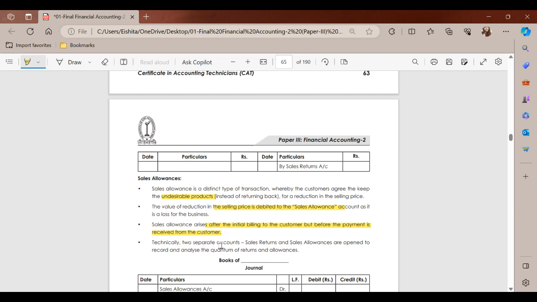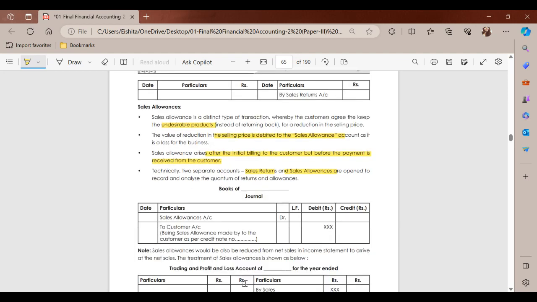Technically, two separate accounts are opened to record and analyze the quantum of returns and allowances. One is sales return, which records the quantity billed and returned, and the other is sales allowance, which records the allowances, meaning some discount given to the buyer.